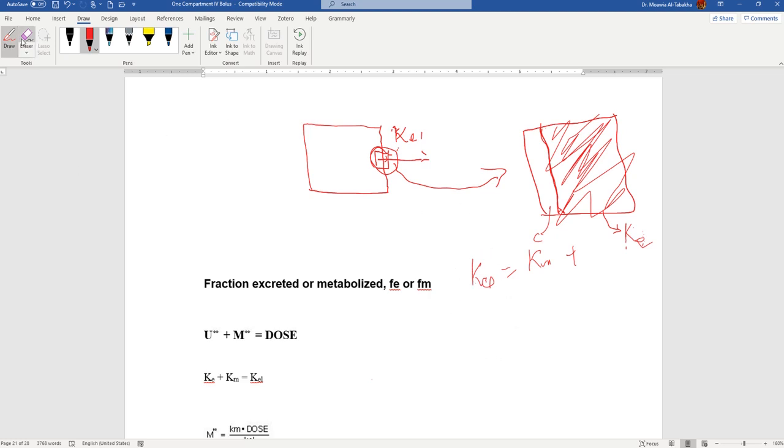Okay, let me go back to the normal situation. I have KEL consisting of the windows of Km and Ke. So if there is the dose inside, meaning in the compartment I injected my dose. Let me write it here.